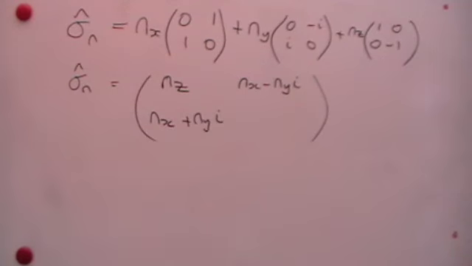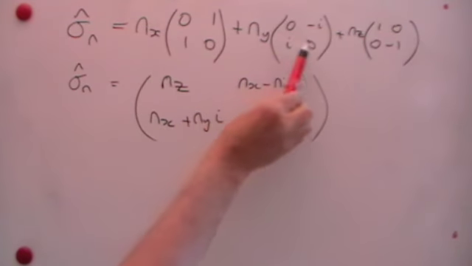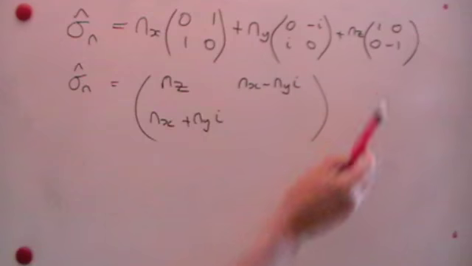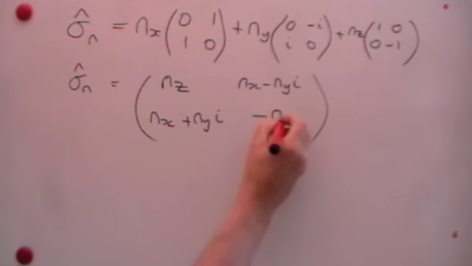And then the bottom right-hand corner, nx times nothing, ny times nothing, nz times minus 1 is minus nz. So that is my sigma n operator. That is as far as you can go unless you know the respective values of nx, ny and nz.